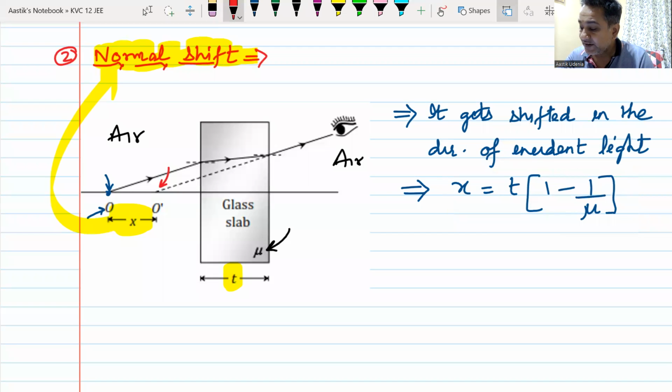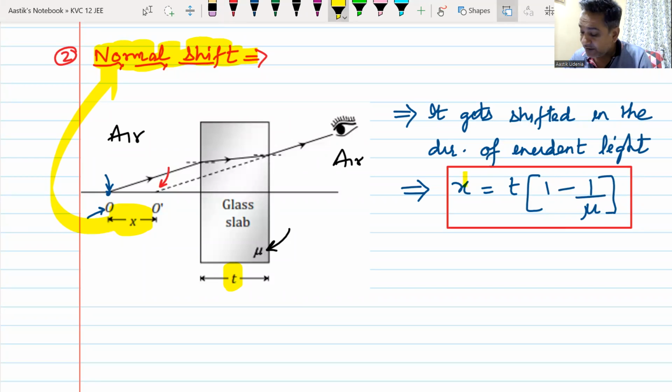T is the thickness of the glass slab. And remember, this formula that we have written is valid only if the medium is surrounded by what thing? It is surrounded by air.